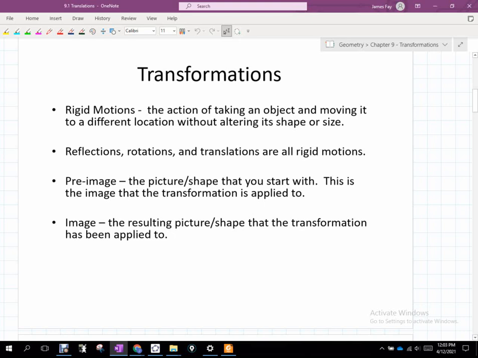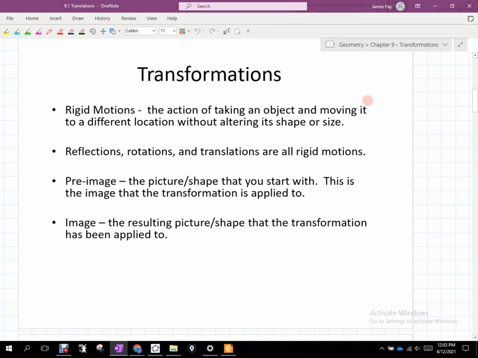A rigid motion, the first bullet, is the action of taking an object and moving it to a different location without altering its shape or size, okay? A rigid motion is taking an object and moving it to a new location without changing its shape or size, okay?